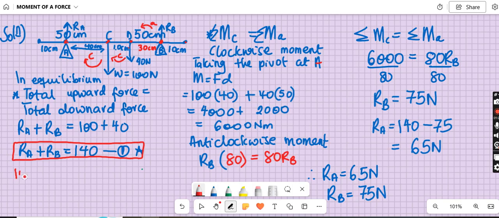So we are going to have 100 Newton times 40, that's the perpendicular distance, plus 40 Newton, that's the weight, times 30, that is the perpendicular distance from G to the point B. And this should be equal to RA times what is the length all the way to RB? 40 plus 10 plus 30, that is what? 80.